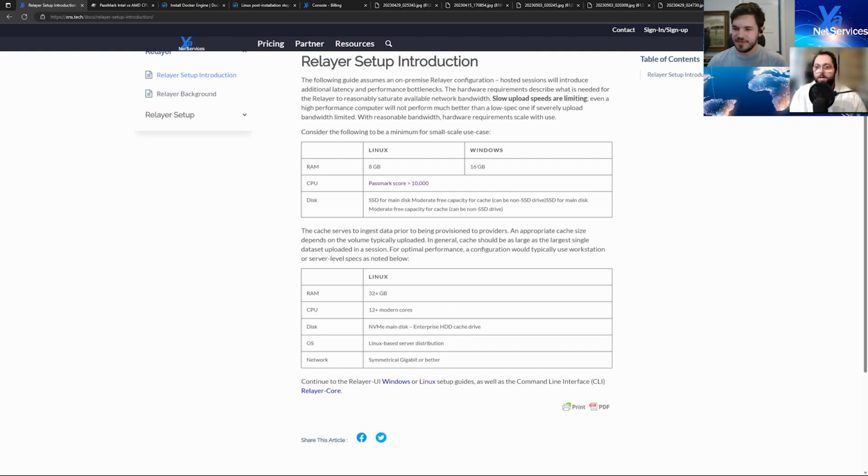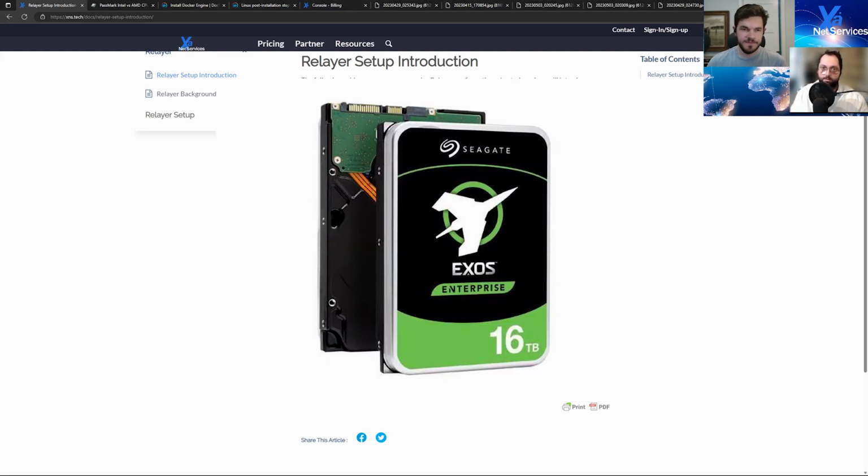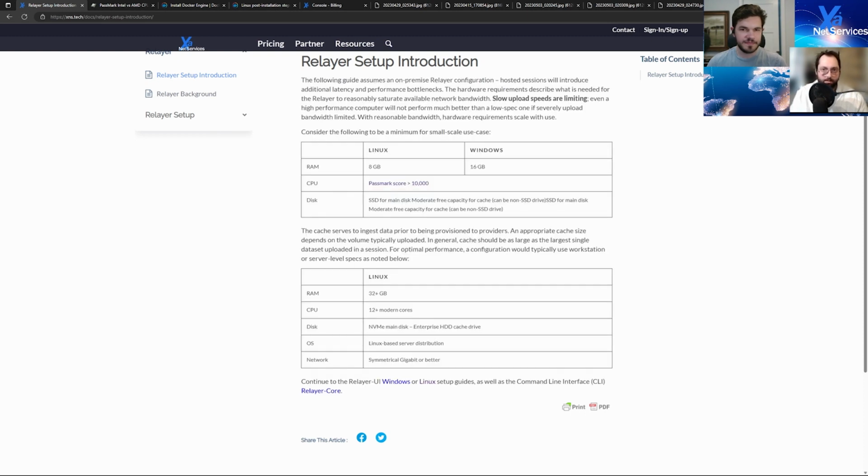I did some minor testings on a Linux computer, and there I had the main stuff on 2 SSDs, the cache on regular Exos drives. I noticed it was a little bit faster than on my NVMe computer, to be honest. But I think that was mostly because the operating system was much better.